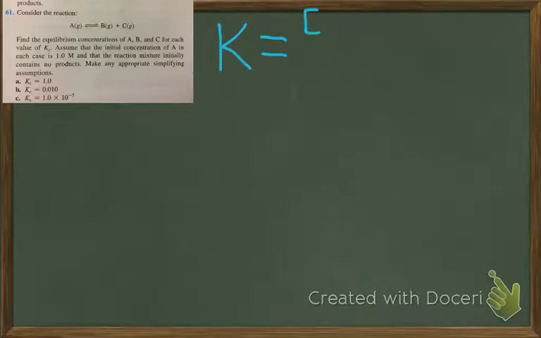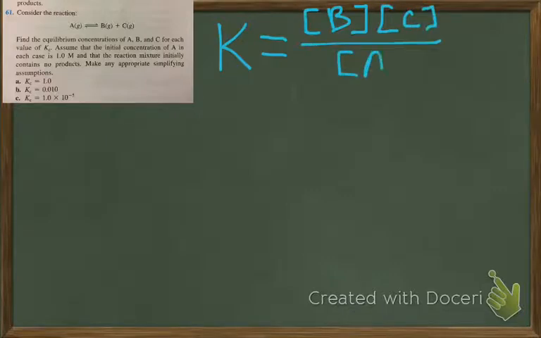Now, what is my expression here? K equals? Any squared or anything? Nope. Okay. Now what we need to do is this whole ICE thing.